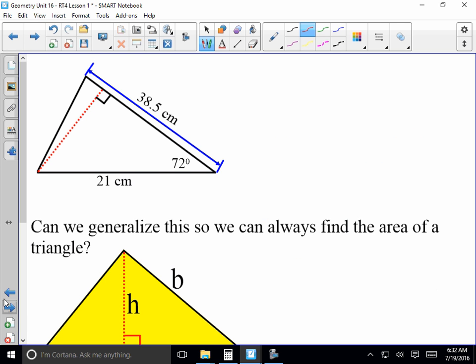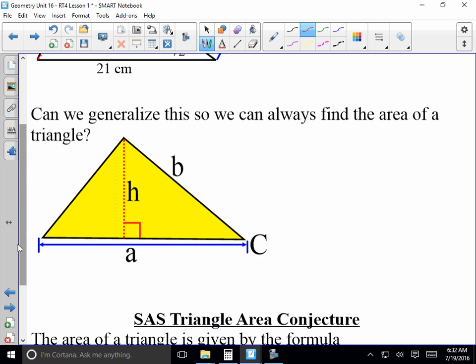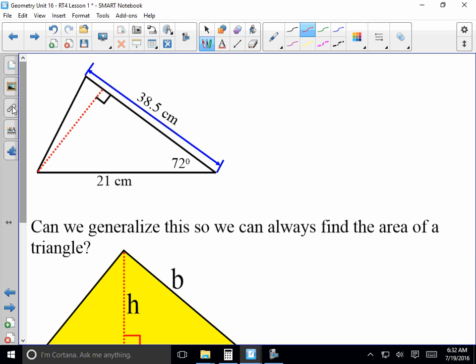So now, let's come up with a generic situation for any triangle. It would also work with this triangle above. We've got the 38.5. That's actually the base of this triangle because the height is being drawn from that. So you always want to be careful of base versus height. The 21 isn't necessarily the base in this situation.